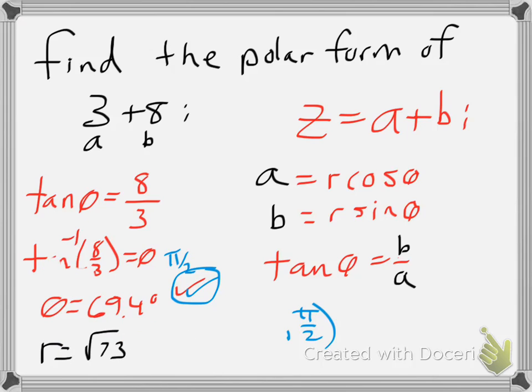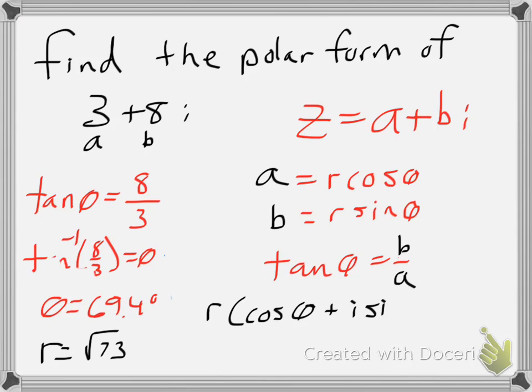So now that I have my theta, I have my r. The form that I use for any complex number in its polar form is r times cosine of theta plus i sine of theta.